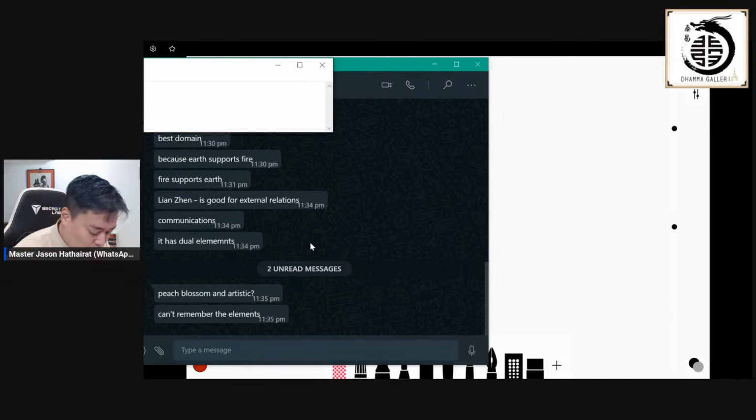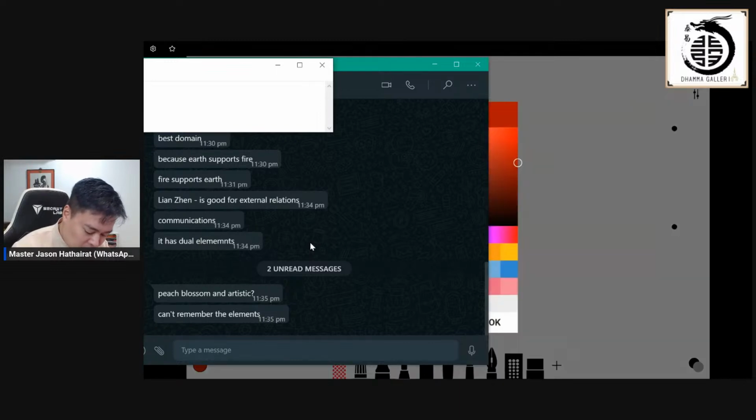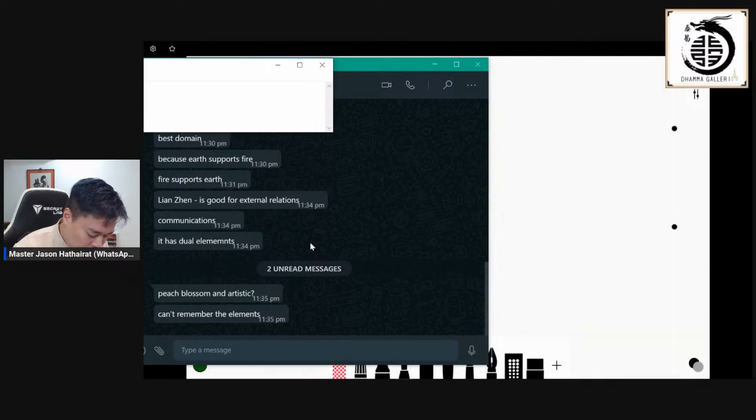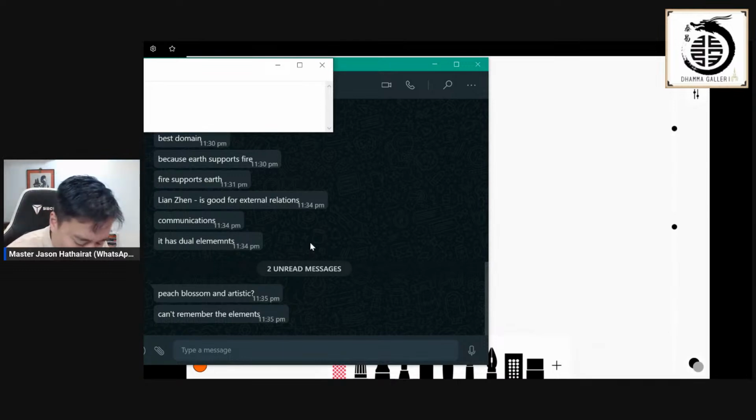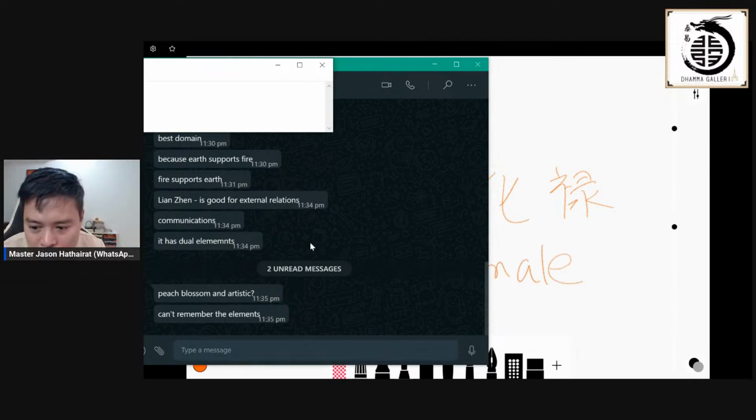First of all, in terms of gender, when Lian Zhen is pairing with Hua Ji, actually, it is referring to the female. Whereas when it is pairing with Hua Lu, it is referring to the male gender. Okay?